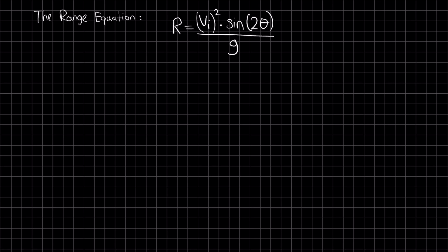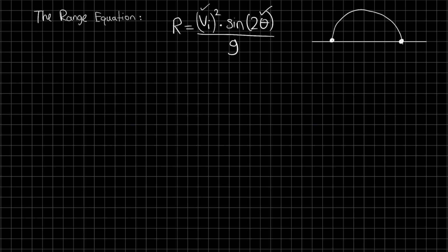So all that you need to know is the speed at which it is launched and the angle at which it is launched. Plug it into this equation and you'll automatically get the range of a projectile. Now this equation is only valid for projectiles that start and end at the same height. So let's go ahead and derive this equation so that way I can show you where this comes from.